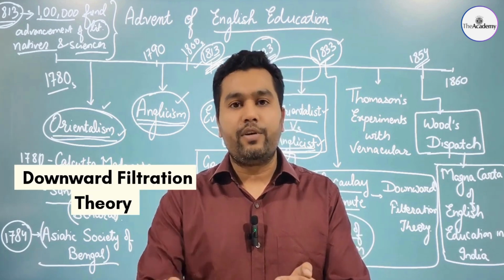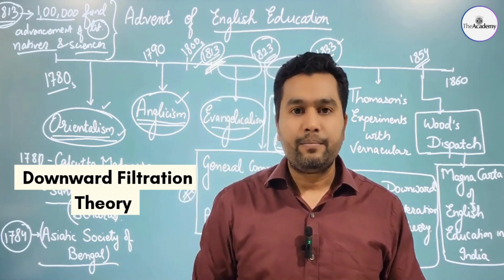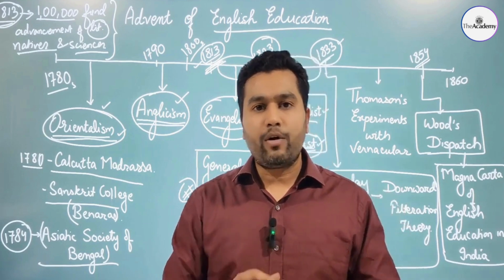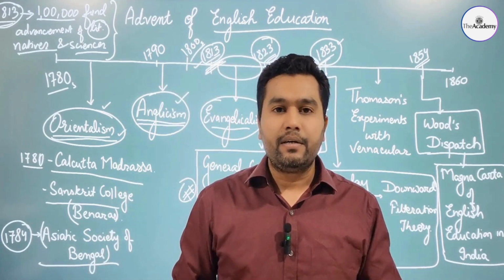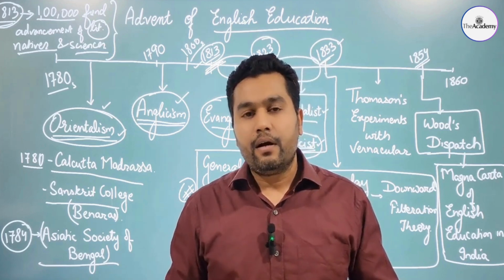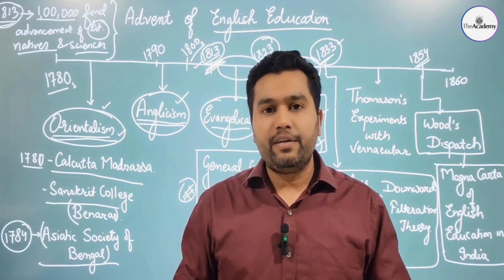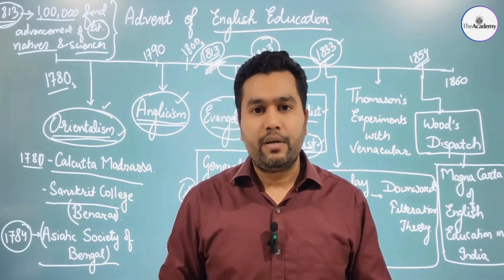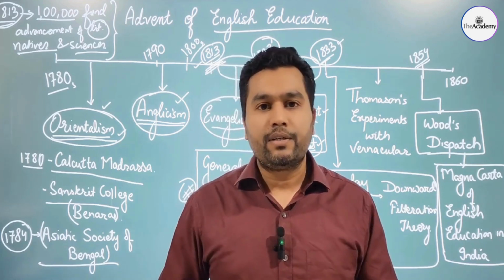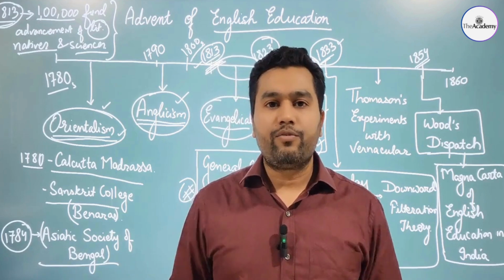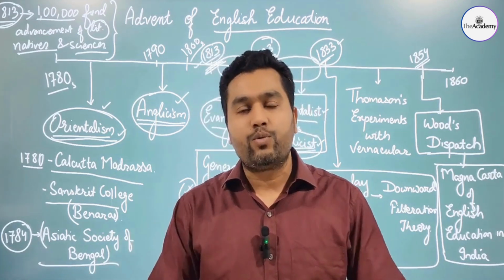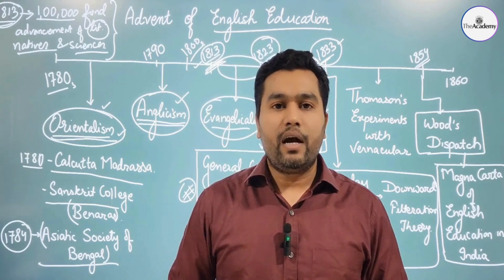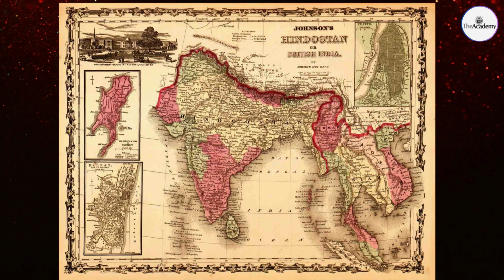This is known as the downward filtration theory. So Lord Macaulay believed that the English must selectively identify a class of Indians who had a literate tradition, educate them in English, and this class would proliferate ideas which would lead to the gradual spread of English ideas, English education all over India.